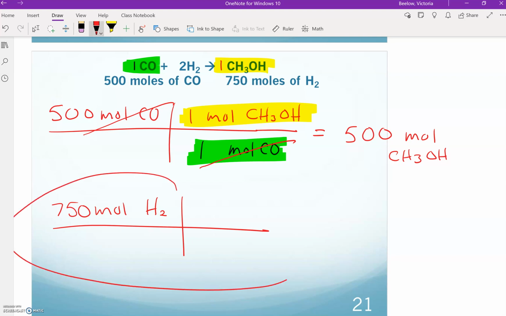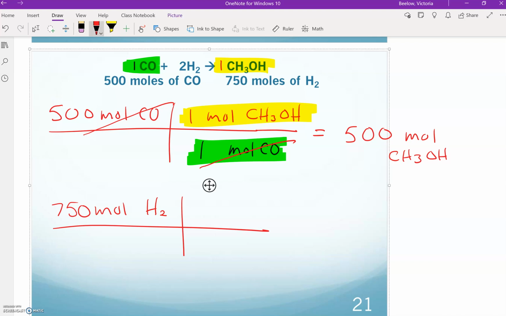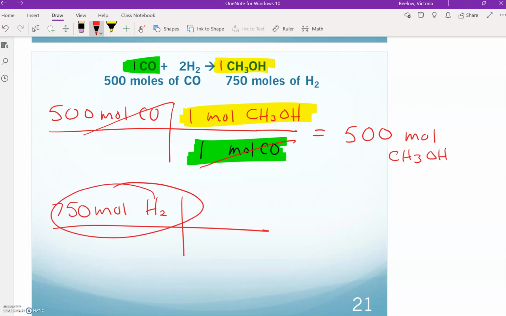So now we have to do this one right here, this reactant, which is the H2. So pretty much the same thing I just did in the previous picket fence. So I'm going to convert moles of H2 into moles of CH3OH. So if I have moles of H2 here, I know I have to put moles of H2 here. Well, how many moles?